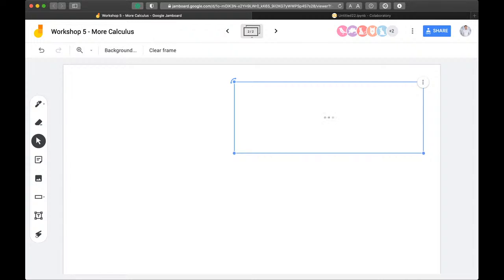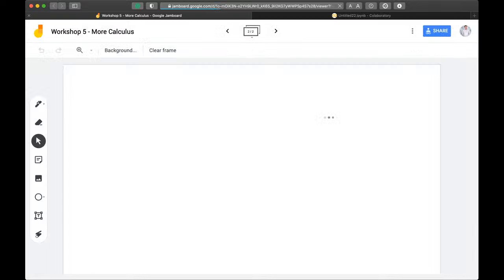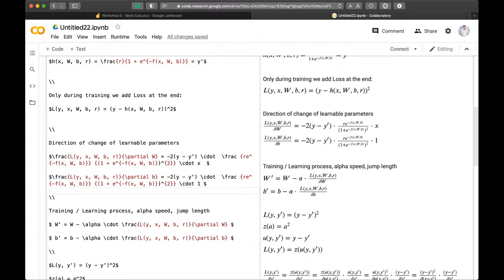Hopefully it will copy. I had one situation where Jamboard stopped working and the Google Classroom did not accept any upload. Hopefully this is not the case. It's loading, loading, nothing happens. Oh man, this is not nice. So I will try it again.